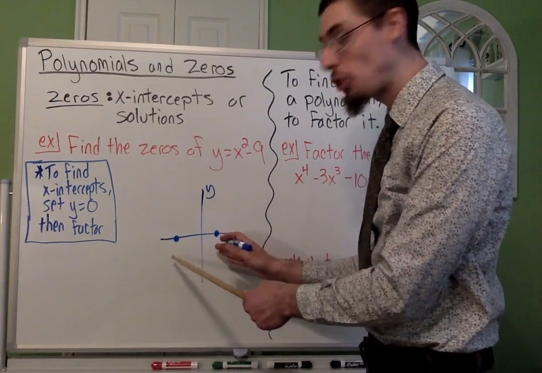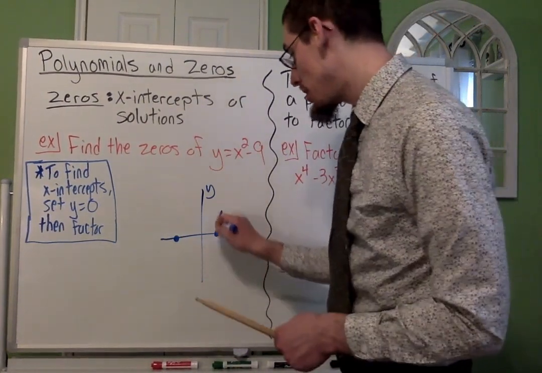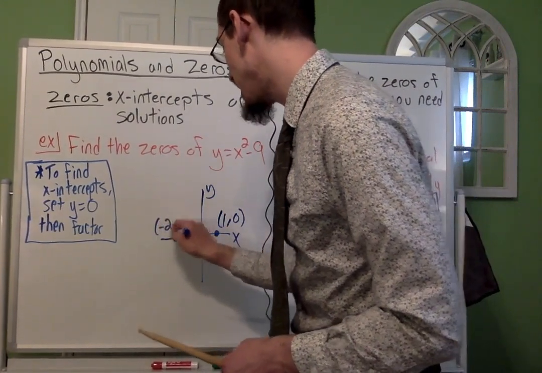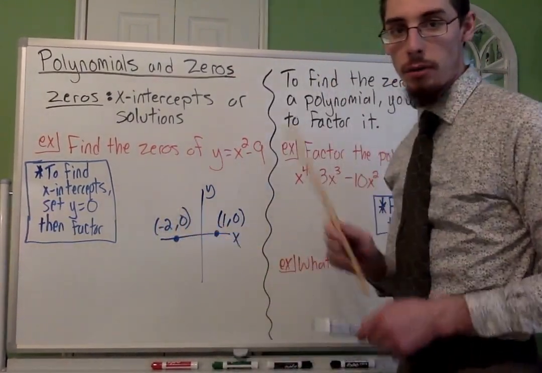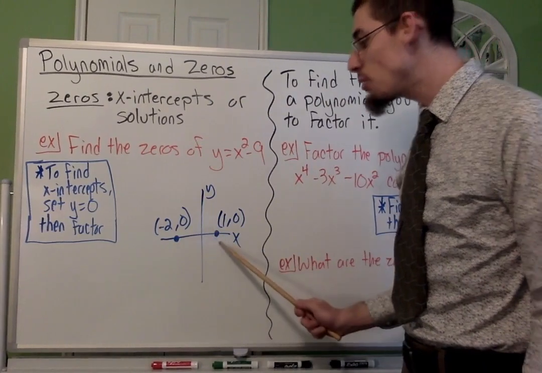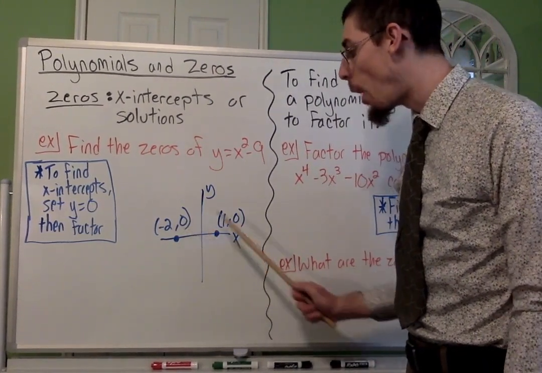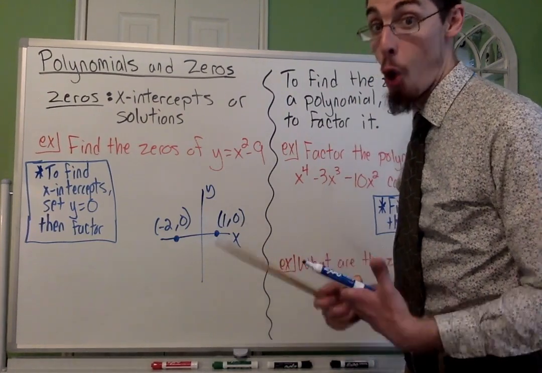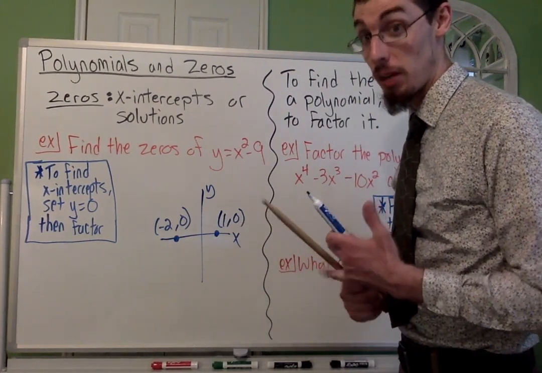Think about what these could possibly be. This could be maybe 1, 0, and maybe this is negative 2, 0. Either way, do you notice on both points the y is 0? That's like the whole point of intercepts, right?